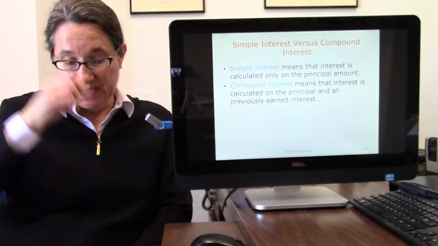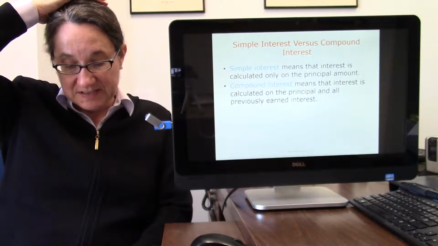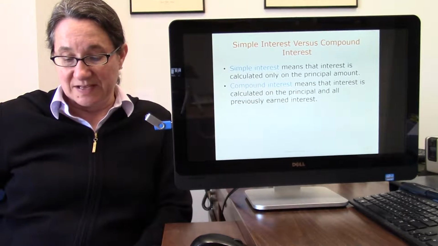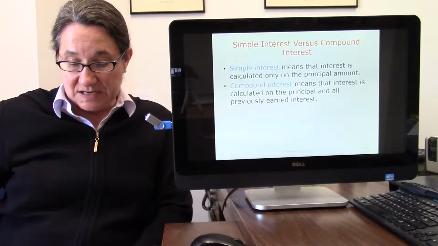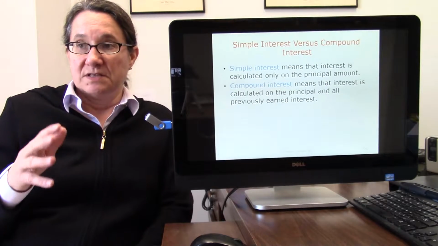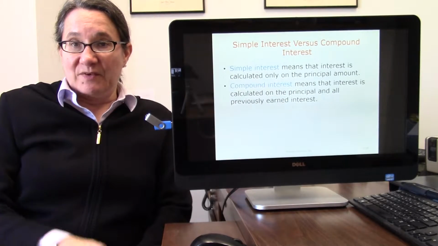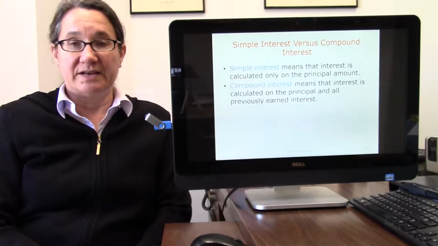Compound interest is interest calculated on the principal and on all previously earned interest. Compound interest assumes that all interest earned will remain invested and earn additional interest at the same rate. Alright, so this is the new concept, compound interest. So up till now we've just said principal times rate times time, and we calculate an interest amount.